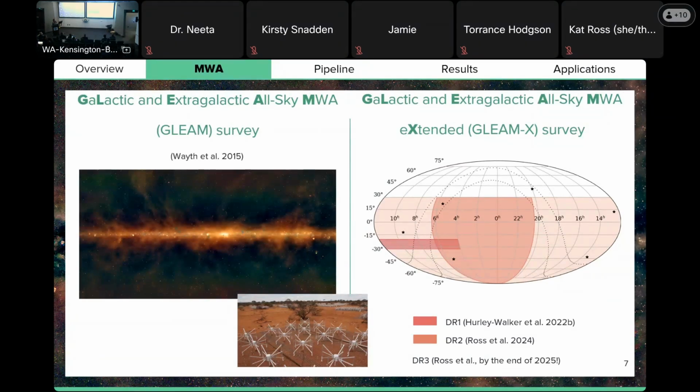We have two publicly available releases, DR1 and DR2, highlighted in the dark red color, and the final release will be available by the end of the year.